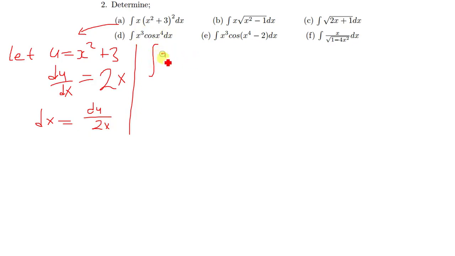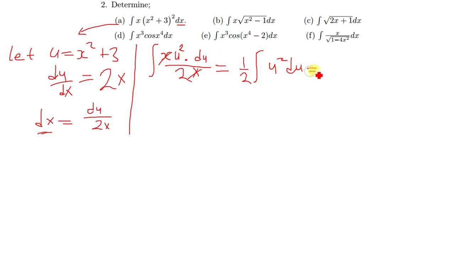This will just be equal to x, while there is x squared plus 3, I'm putting u, of course it's raised to power 2, and then I'm multiplying this by dx. This dx is just the same as this dx, so this will be du, and then everything divided by 2x. Then of course this x and that x will cancel, so we just remain with 1 over 2 outside, and then the integral of u squared du.